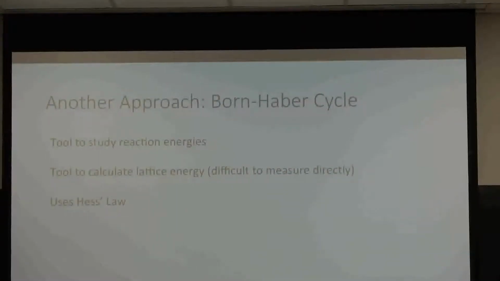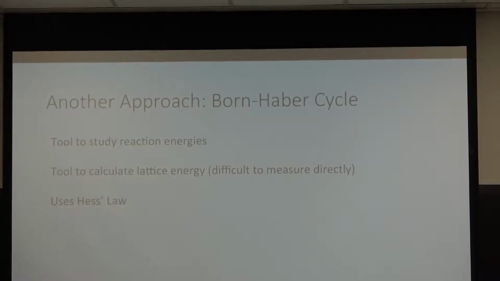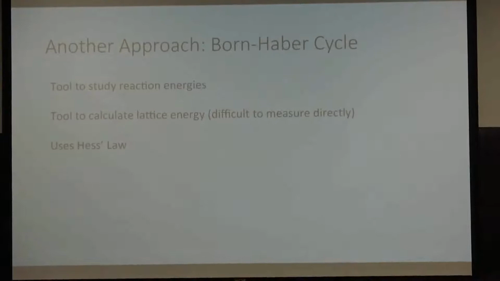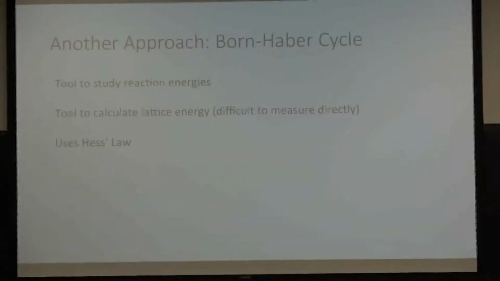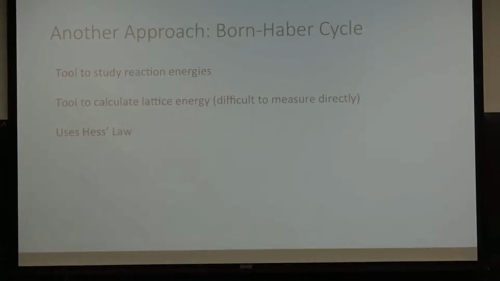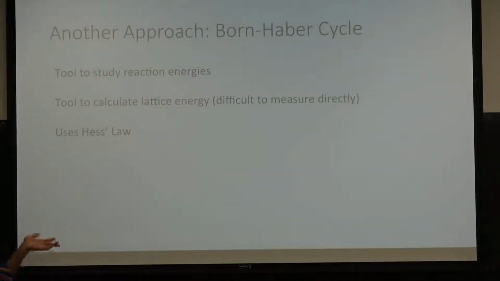For example, it's much easier to measure the ionization energy of sodium, right? We can do electrochemistry and measure how much energy it takes to transfer a mole of electrons from sodium ion to sodium metal. We can do electrochemistry to estimate how much energy it takes to pull an electron off or put an electron on chlorine, right?